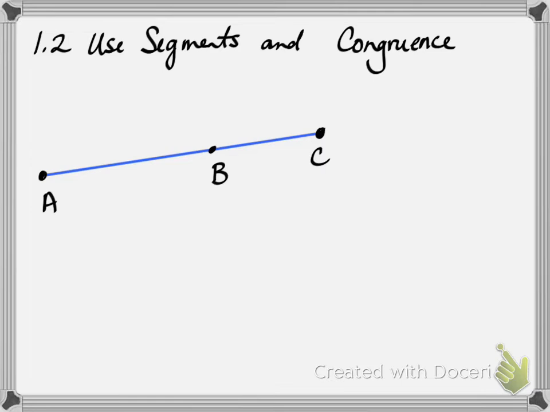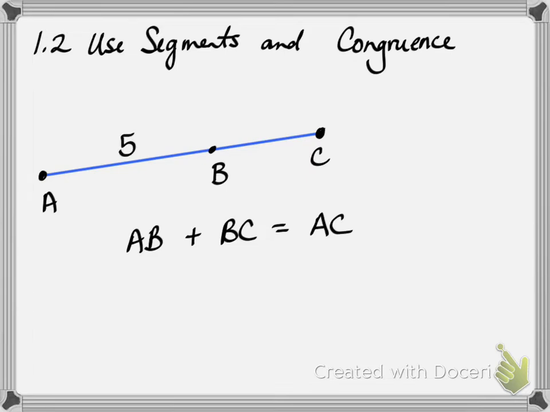So the segment addition postulate says if you take the length of segment AB and you add the length of segment BC to it, then you should get the entire segment AC. And that really makes a lot of sense, I hope.